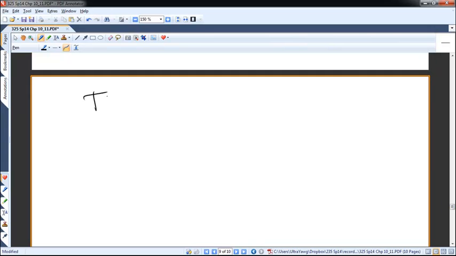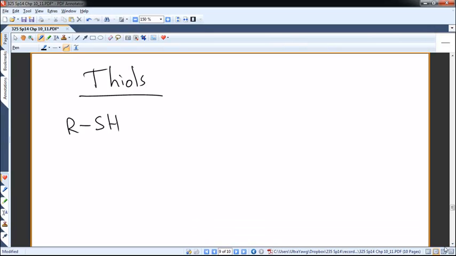All right, last topic of chapter 10. Thiols. All right, a thiol is essentially a functional group that looks like this. They do the same chemistry that OHs do, although they're slightly better nucleophiles because they're more polarizable. Right? You can still add sodium hydride to make the thiolate, I think it's called.